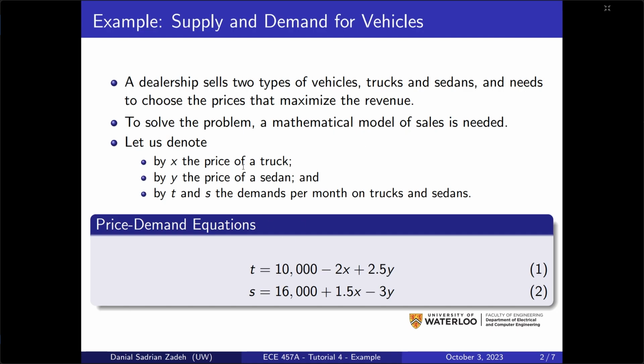Let's say that X is the price for a truck, and the price of a sedan is Y, and T and S are demands per month on trucks and sedans respectively. So we can formulate price demand equations with some arbitrary values that somehow make sense.